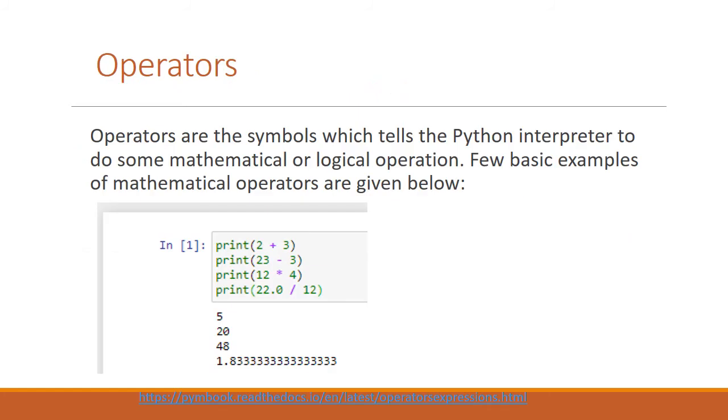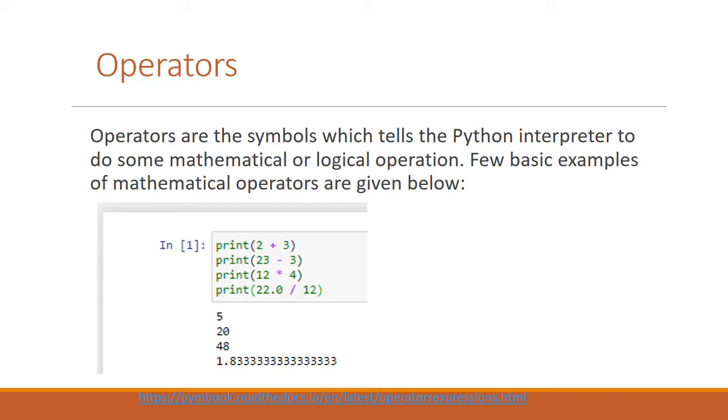Operators are the symbols which tell the Python interpreter to do some mathematical or logical operations. Below I present a few basic examples of mathematical operators. In the statement print 2 plus 3, the operator plus, we're adding an integer plus an integer, so the result is an integer.